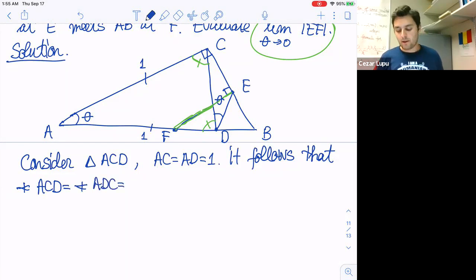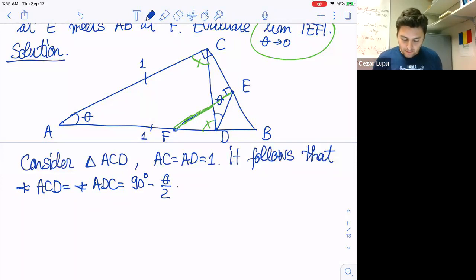We know that the measure of the angle ACB is 90 degrees, so both of them will be equal to 90 degrees minus theta over 2. Because these two angles, which are equal, plus theta will give you 180, and then you can write them in this way.